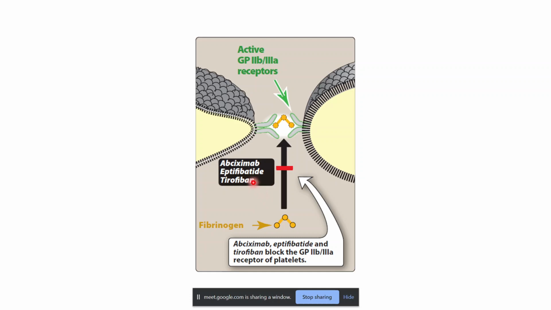These antibodies bind to the GP2B3A receptors, and they prevent platelet aggregation. That prevents the formation of the complex with these receptors. So this aggregation is inhibited.